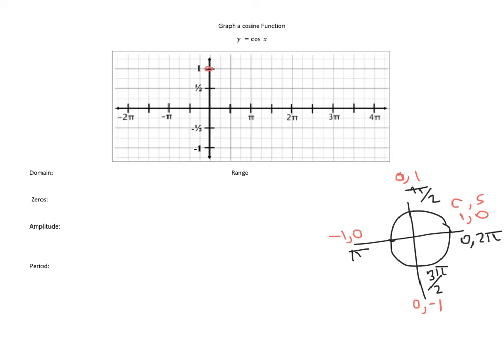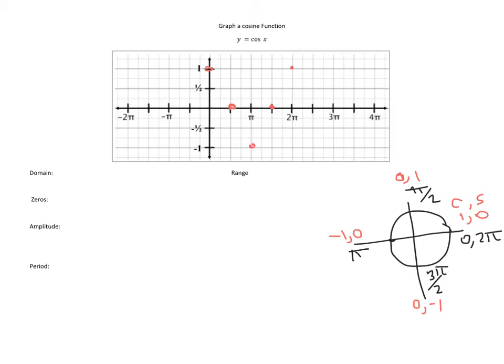The cosine of 90 degrees is 0. The cosine of 180 degrees is negative 1. The cosine of 270 is 0. The cosine of 360 is going to be 1.